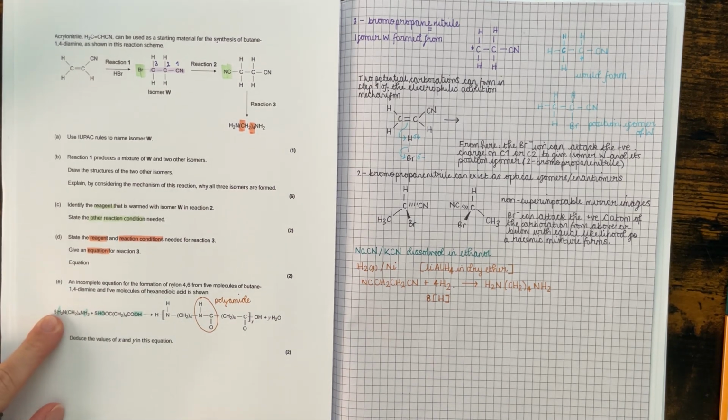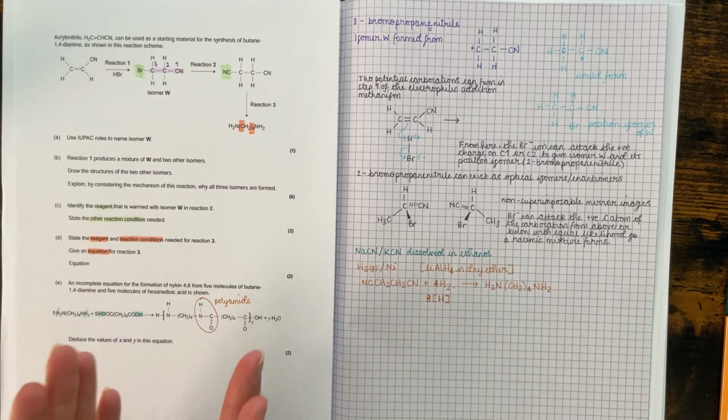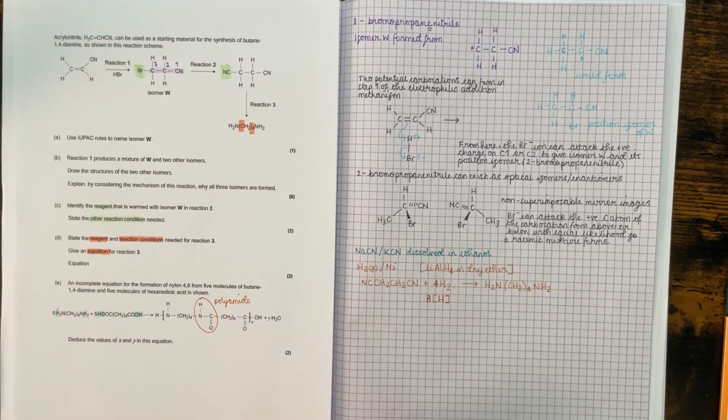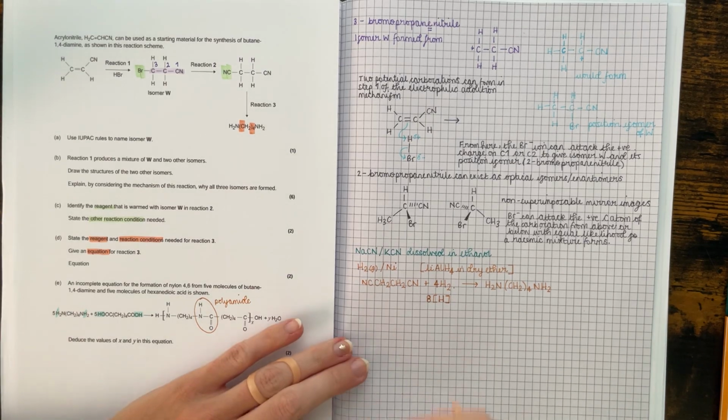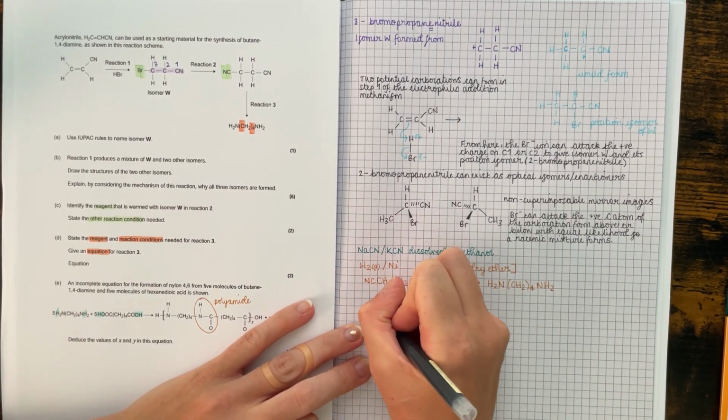So we'd have n lots of each monomer, we'd have the repeating unit n times, and then we'd normally say we'd have 2n lots of water. However, we haven't got n, we have a very definitive number. We have 5 of each monomer. So first and foremost, that means that the value of x is going to be 5.